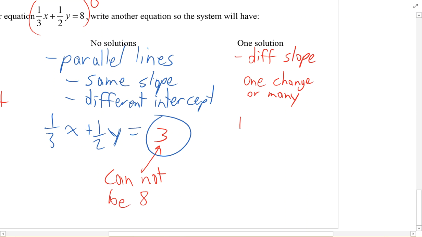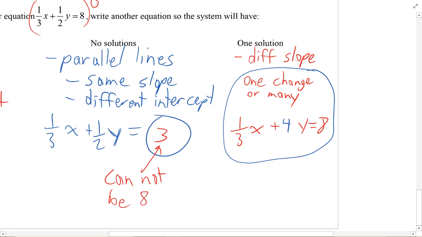But we're going to keep things the same. So 1/3 x plus y equals 8, okay? And let's say this is like a 4, right? You only need to have one change and you'll have a different slope. Okay, anything else could be really anything, as long as you're not getting the same line or parallel lines. Sound good, Trevor?